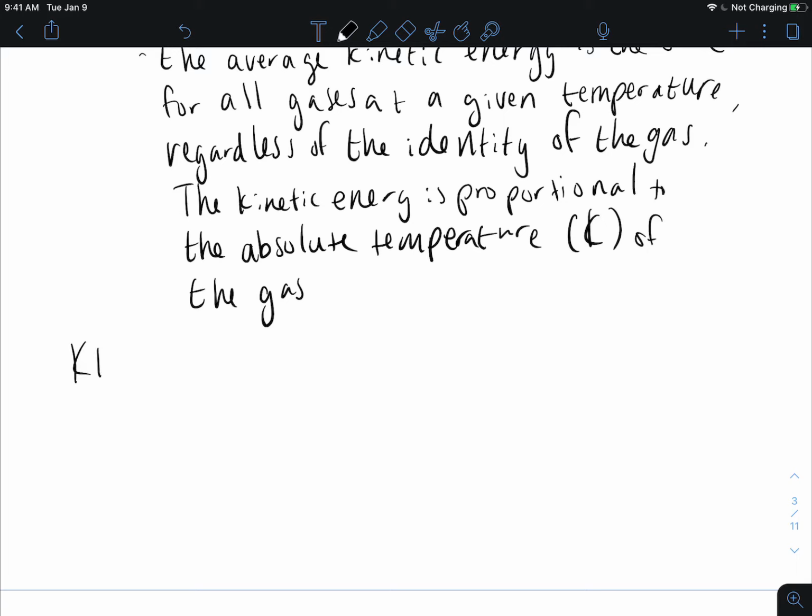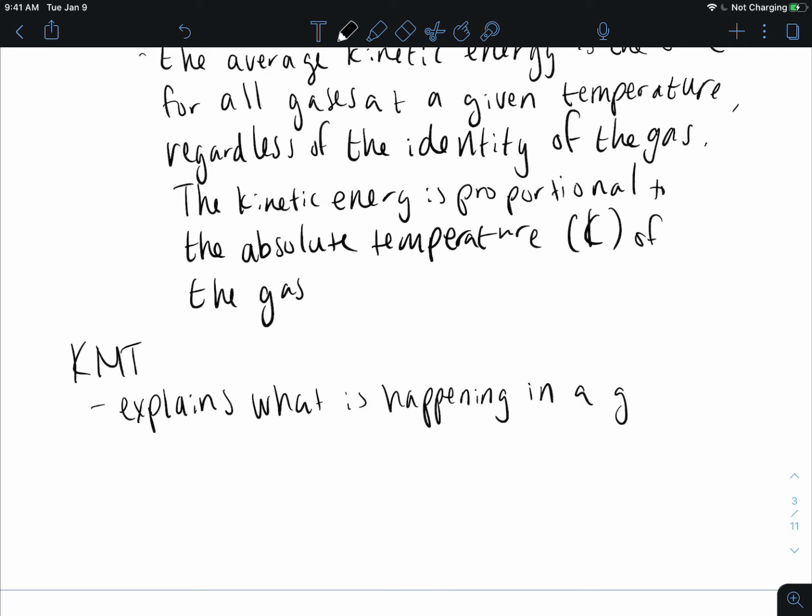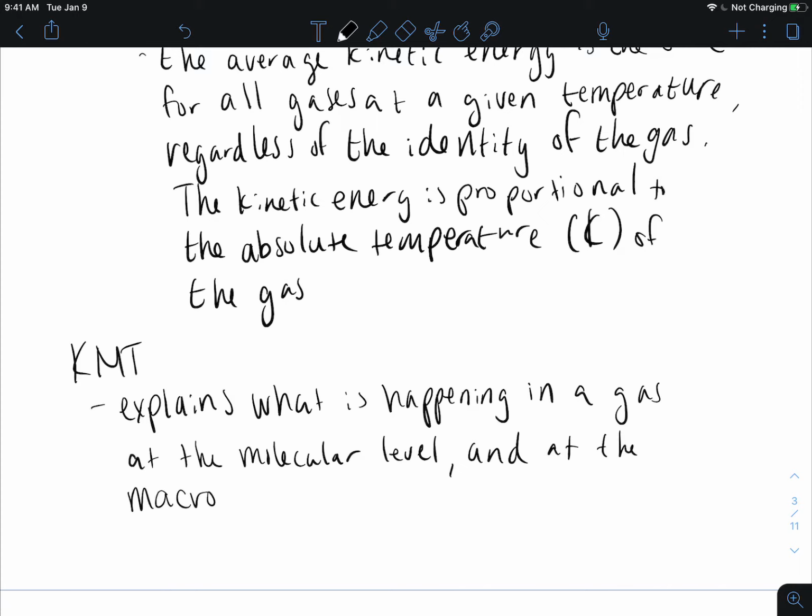So I'm just going to go KMT is our kinetic molecular theory. So it explains what is happening in a gas at the molecular level and at the macroscopic level.